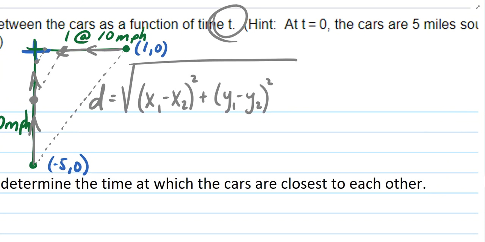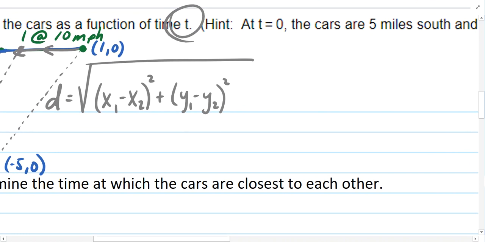But I don't want to use those two coordinates in their static form. I want to have some sort of equation or expression that represents this distance for each of these cars based on the amount of time that passes. So let's take this car that's moving west from east for just a second. Currently, the distance from the origin or from the intersection is 1 mile, but that distance is decreasing at a certain rate.